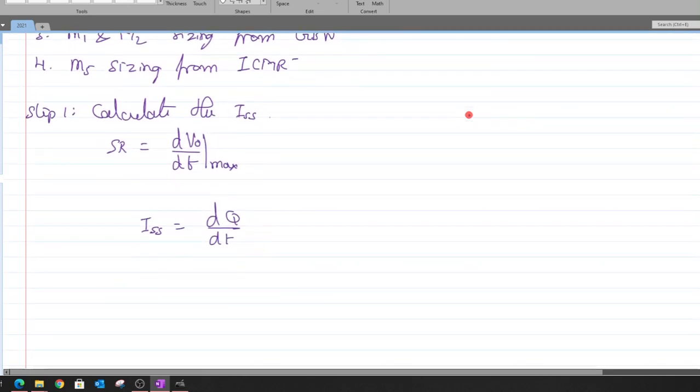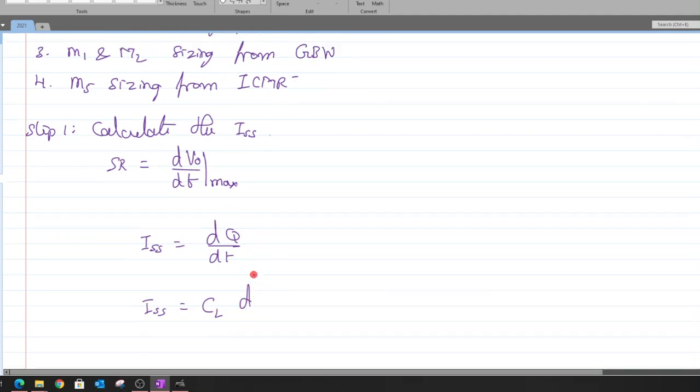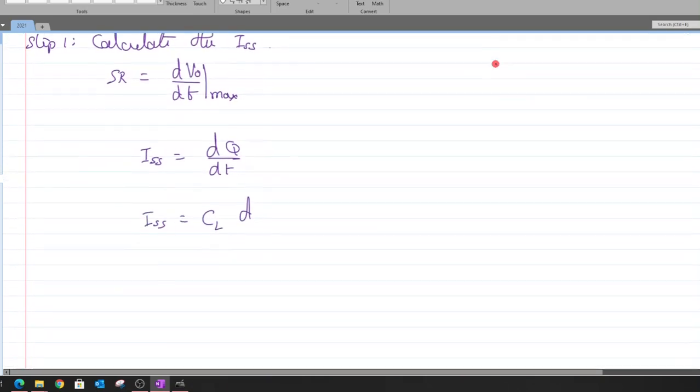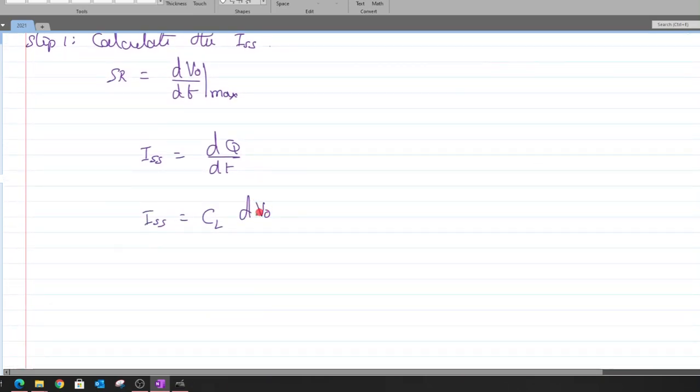Generally, the current through the capacitor can be defined as ISS equal to the value of the capacitance times the rate of change of voltage across it. Since the capacitor is attached to the node Vout, the voltage across this capacitor is also equal to VO. So it is defined as dVO by dt.